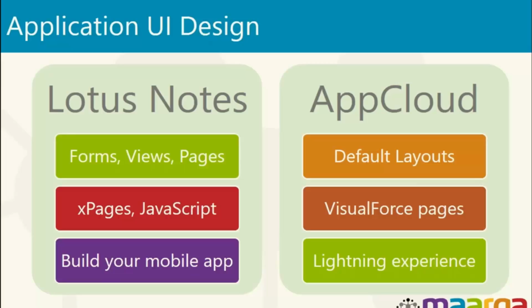Now, by default, if I create a new object, Salesforce pretty much immediately gives me a default layout and CRUD operations, but I don't have to stop there. I can go ahead and customize.